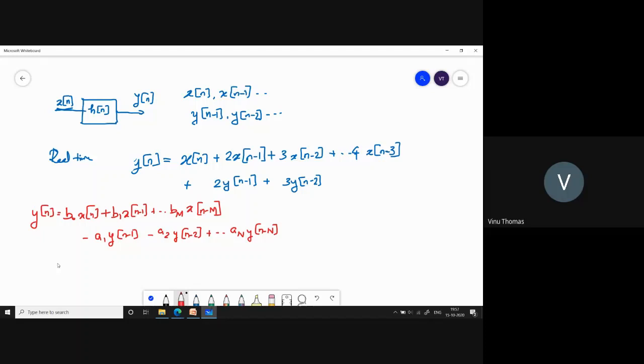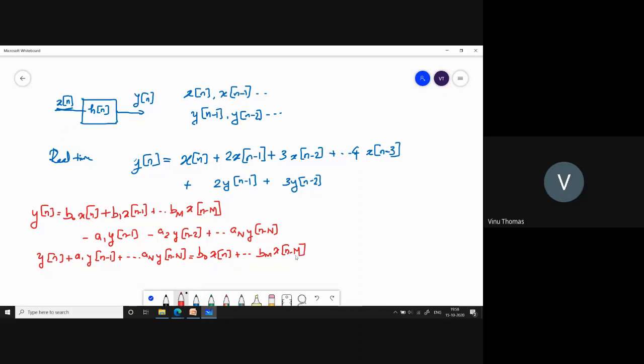What we'll do is we will now group the terms containing y of n. So y of n plus a1 y of n minus 1 plus etc. up to an y of n minus n can be written as b0 x of n plus etc. up to bm x of n minus m.